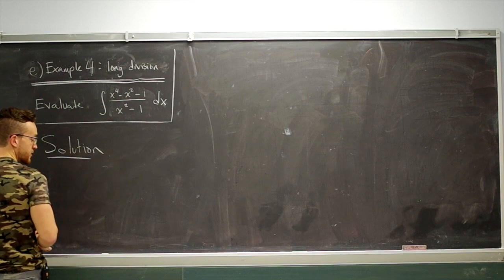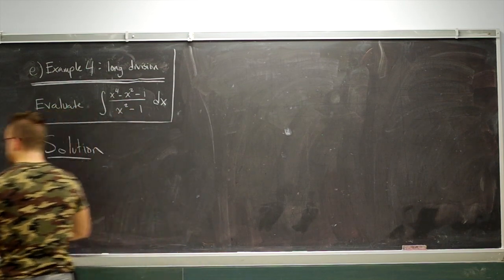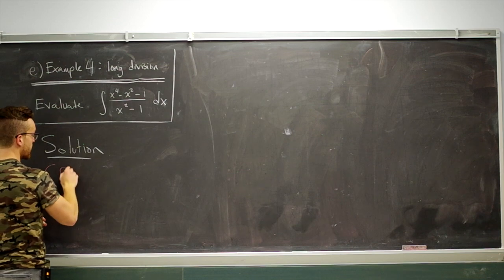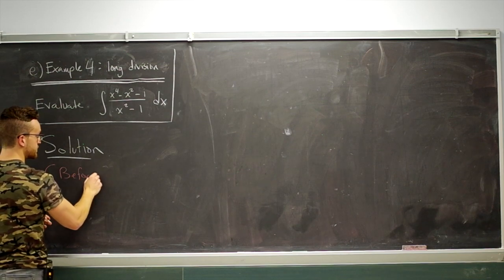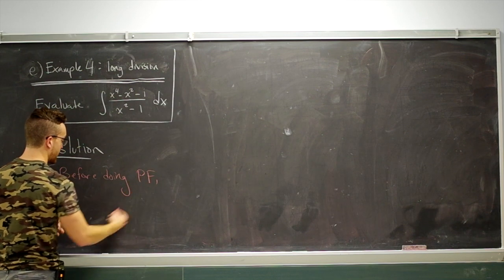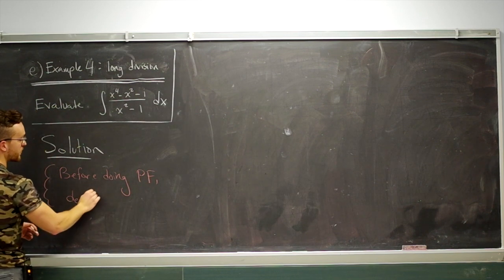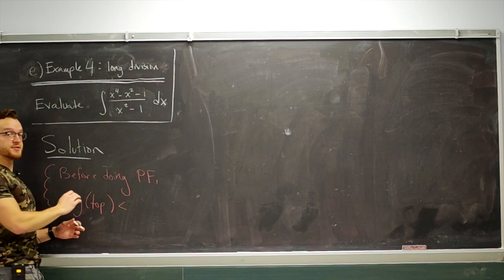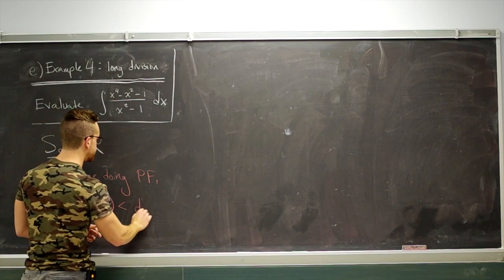Before we fix it, let me record that key idea because it's important. Namely, that before doing partial fractions, the degree of the top should be strictly smaller than the degree of the bottom.